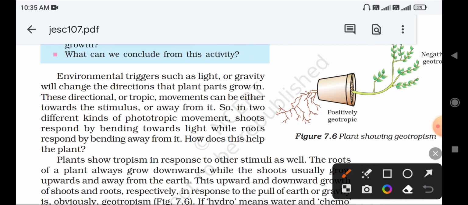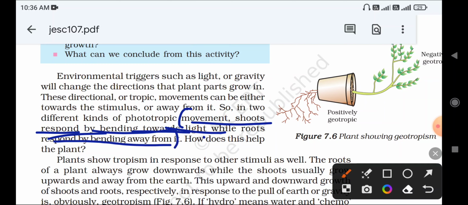What is phototropism? You can think of it as movement with respect to sunlight. What is the proper definition? The shoots respond by bending towards the light, while the roots bend away from it.